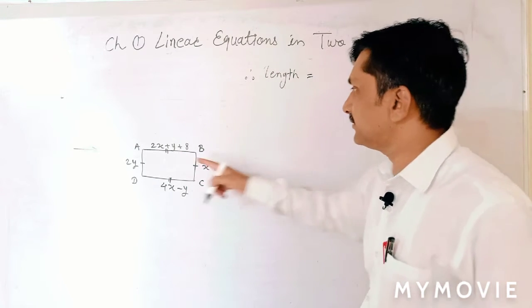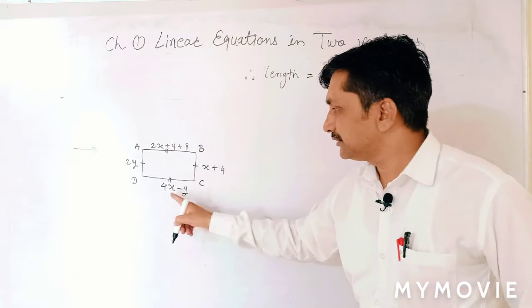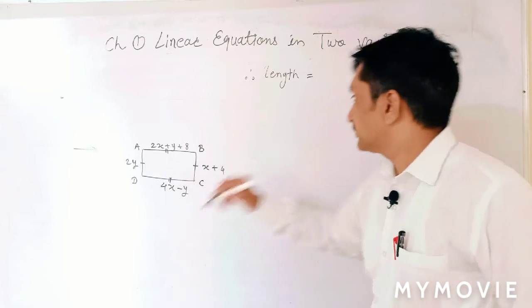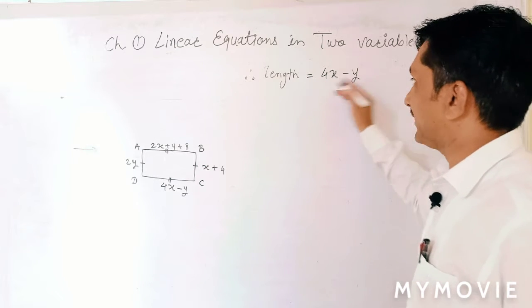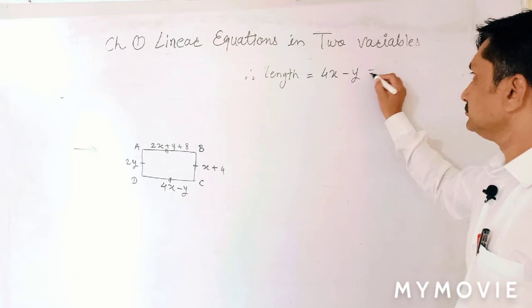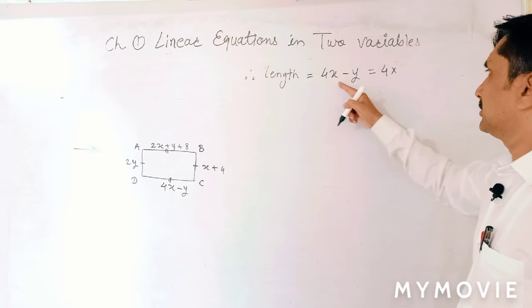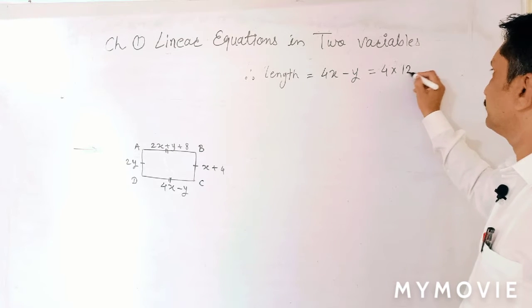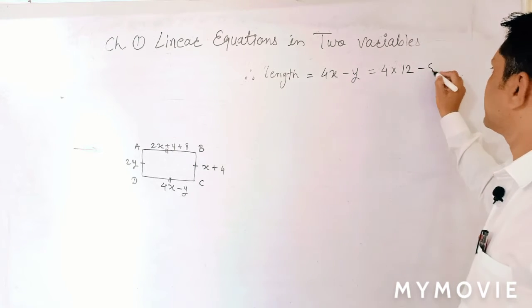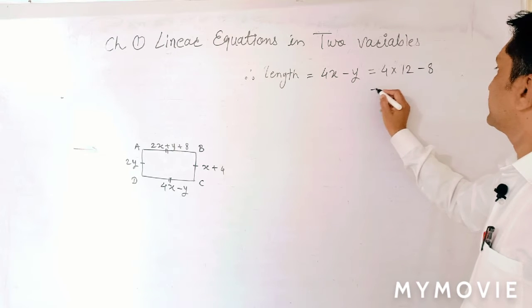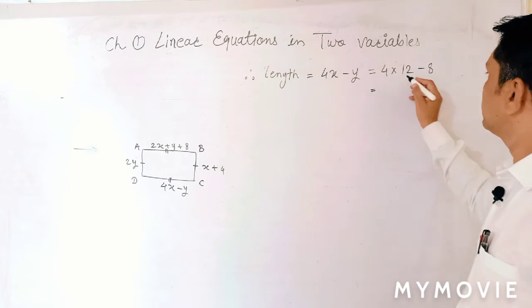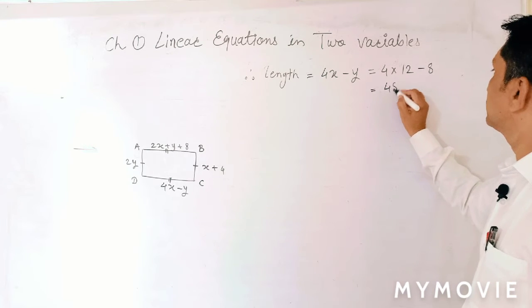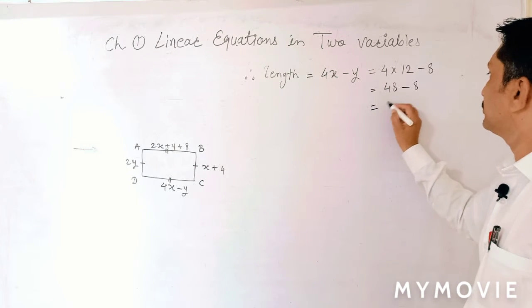Length, take any value, this and this are both lengths only. I take this, easy no? 4x minus y. Now find the length value. 4 multiplied by x which is 12, minus y which is 8. Solve this: 48 minus 8 is equal to 40.